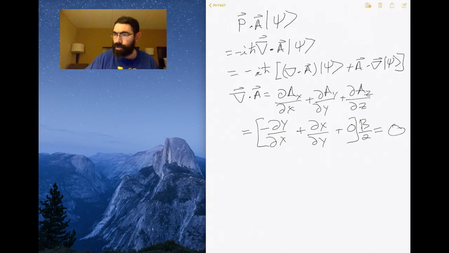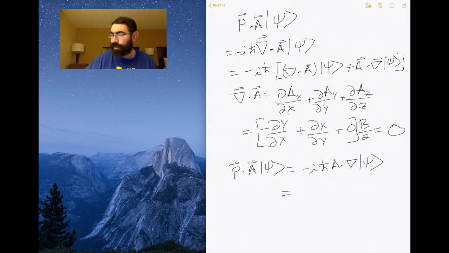So that means what's left of P dot A operating on psi is minus i h bar A dot the derivative operating on psi, which is A dot minus i h bar del operating on psi, which is A dot P operating on psi.